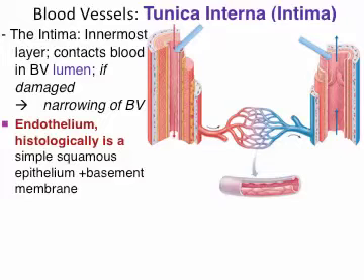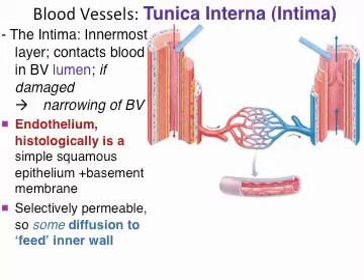The histological classification of the cells that line the lumen is a simple squamous epithelium plus a basement membrane. But because that simple squamous epithelium is inside a blood vessel lumen, you call that simple squamous epithelium an endothelium, made up of endothelial cells.